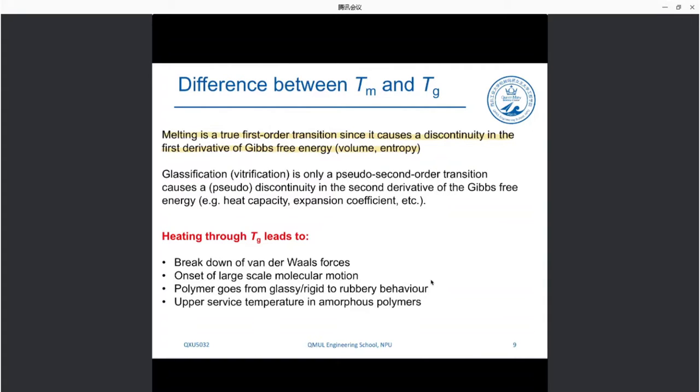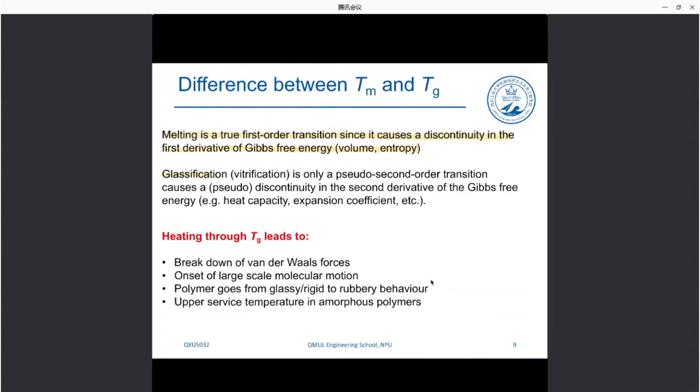But the Gibbs free energy is a thermodynamic potential that can be used to calculate the maximum of reversible work that may be performed by a thermodynamic system that is at constant temperature and pressure, okay? So Gibbs free energy is the potential that can be used to calculate the maximum reversible work performed from a thermodynamic system. We will see more of that later in this course.